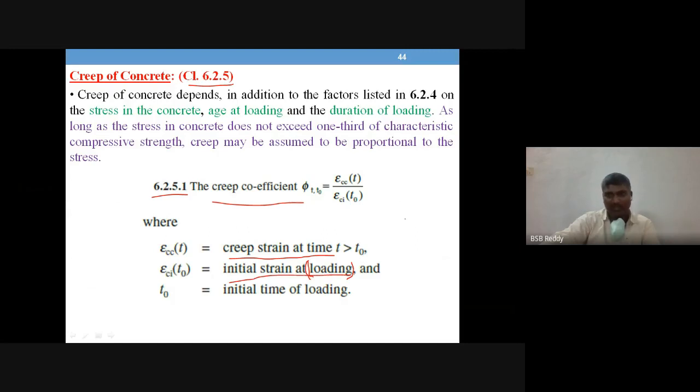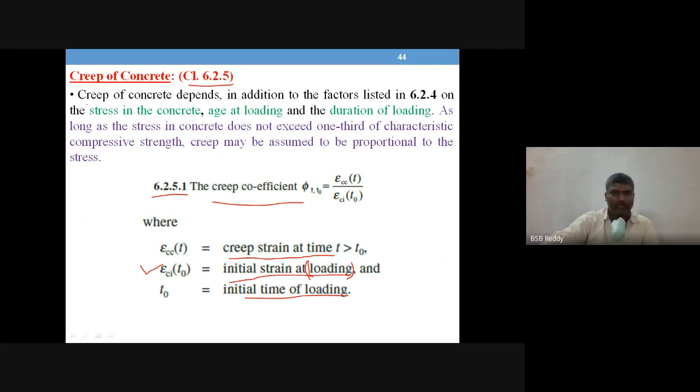Whenever you remove the shuttering, the self weight starts acting on it. So that point you can take as the initial point, the time of loading. That depends: maybe after 7 days, or 14 days, or 28 days, however many days you take for curing of that particular member.